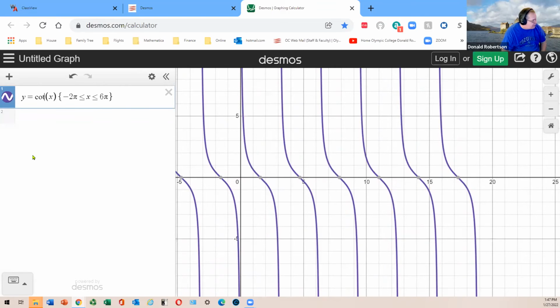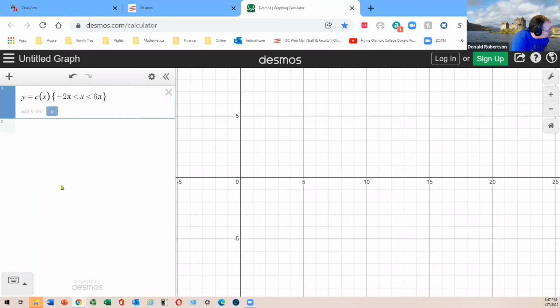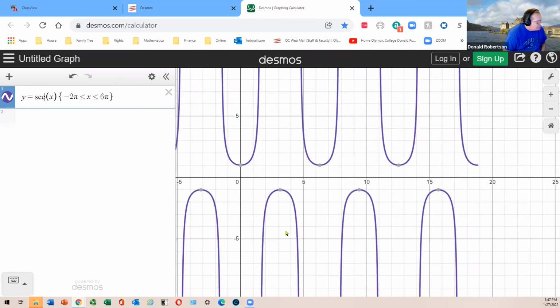If I pick a point like there, and then a corresponding point like there, isn't that how far before the shape repeats itself? And do you notice that that's also pi, from a half pi to 3/2 pi? So those do have a period of pi. Here is secant. I can pick anywhere I like, but I'm going to pick there.